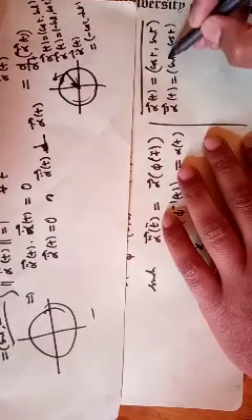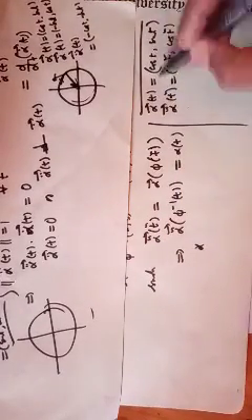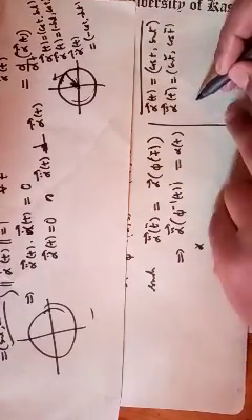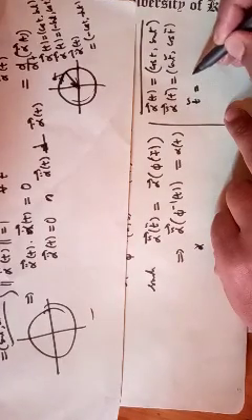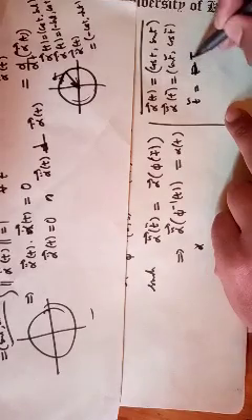Let me call it t tilde. It is nothing but pi by 2 minus t.